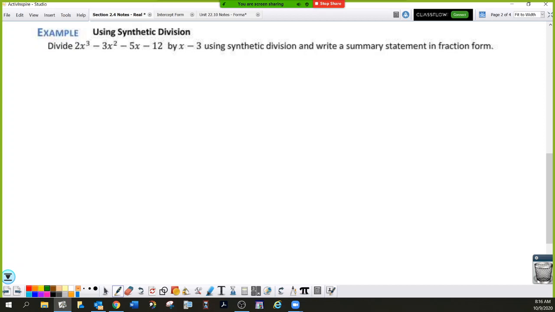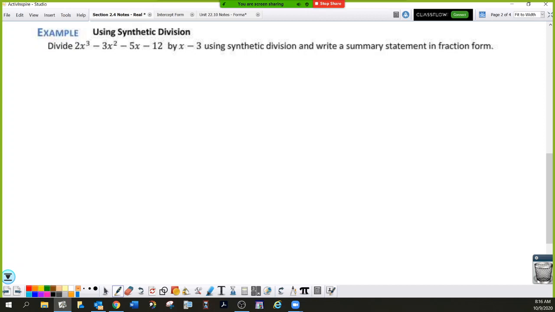You'll see, I promise. Let's see, we're dividing 2x to the third minus 3x squared minus 5x minus 12 by x minus 3. And let's see, x to the 3, 2, 1, none. Good. There are no missing terms. We're going to use synthetic division. We're going to write a summary statement in fraction form only because polynomial form is a little confusing. Okie dokie smoky, here we go.